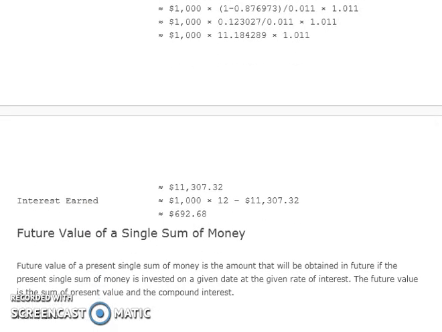The present value of the $12,000 at this point in time is 11,307. If you want to calculate the interest earned, you multiply 1,000 by 12, which is 12,000, the amount invested over the period, minus 11,307. The amount of interest is equal to 692.